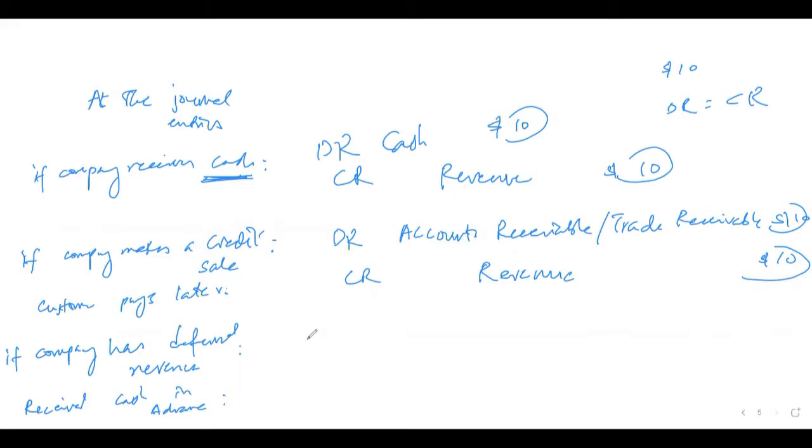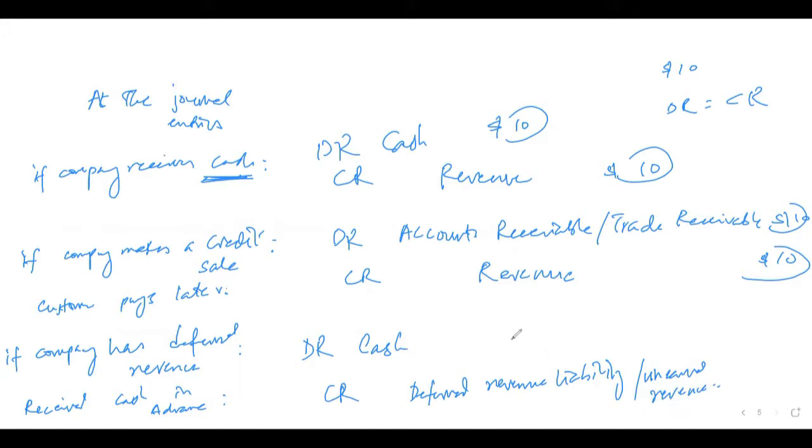The company will record this as debit cash received, and then credit deferred revenue liability, also known as unearned revenue. So again, if this was $10, you would have this entry if the company has deferred revenue, or the company has received cash in advance.